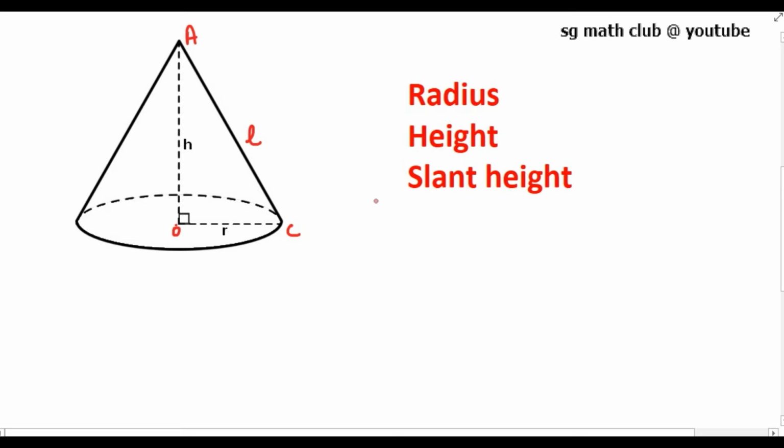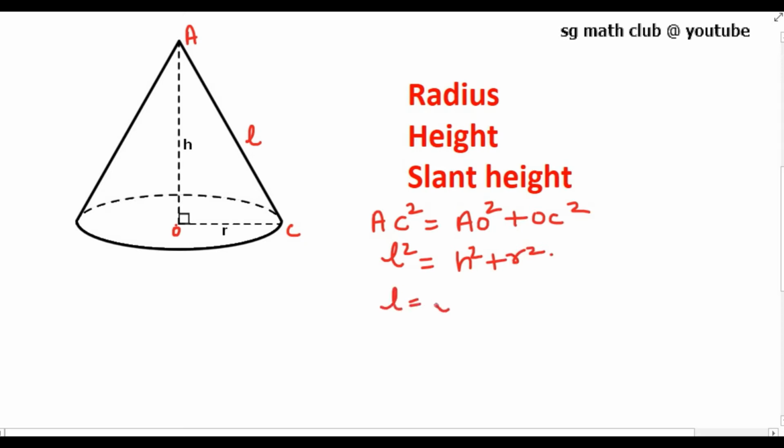By Pythagoras theorem, AC square is equal to AO square plus OC square, or l square is equal to h square plus r square, or l is equal to square root of h square plus r square. This is the relationship between radius, height and slant height of the cone.